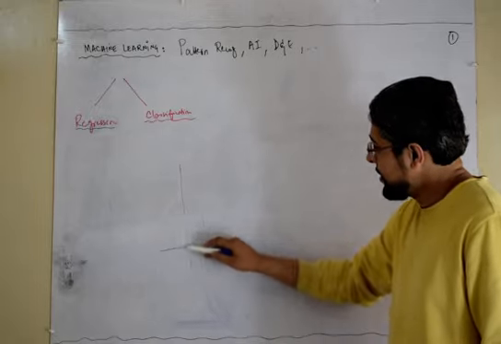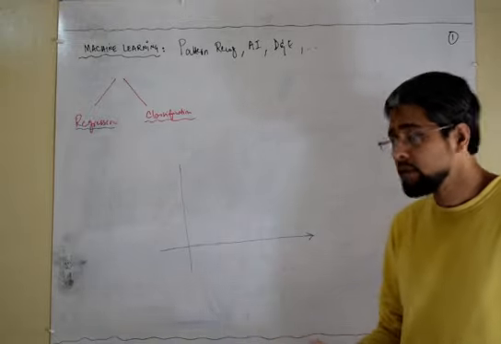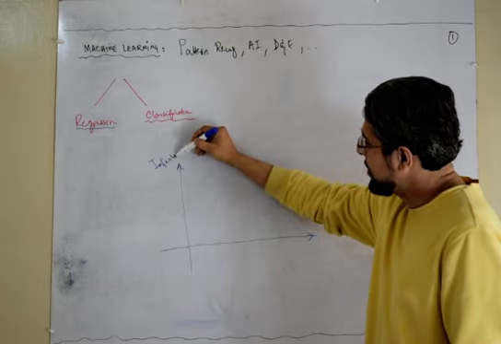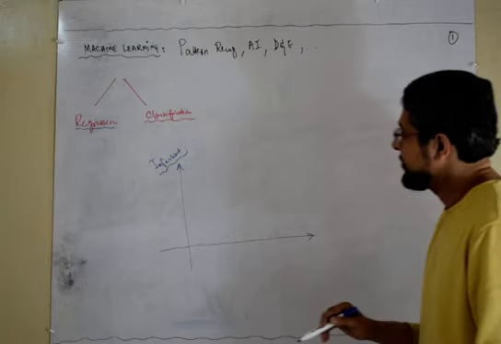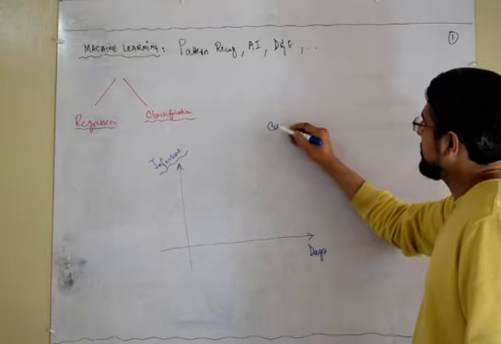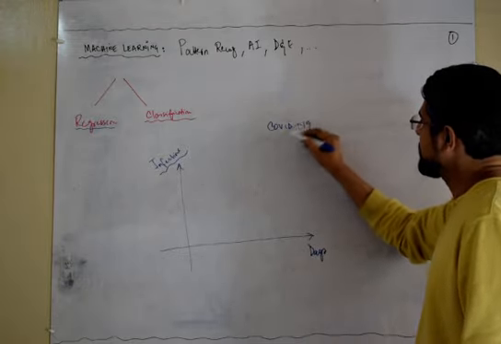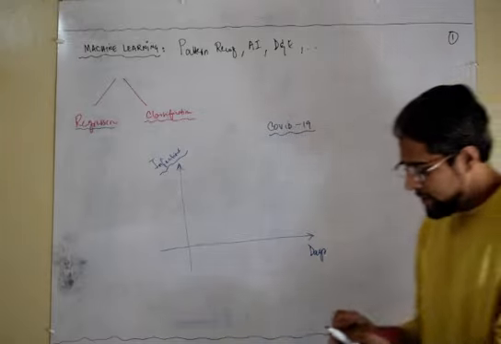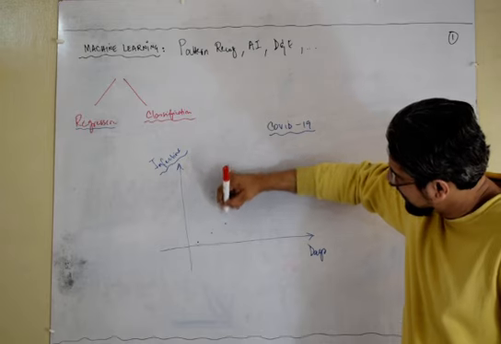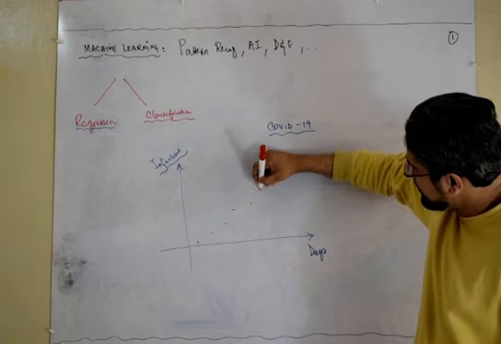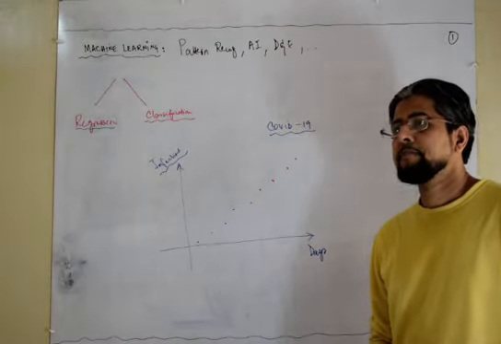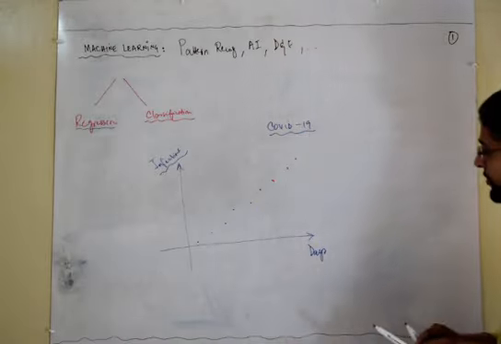So let's say you're going to talk about infections. I'm using the example of a virus, COVID-19, the coronavirus. These are the number of infections and this is the number of days. So it starts like this, then this, then this, and so on. And you have to determine what is going to be the number of infections.